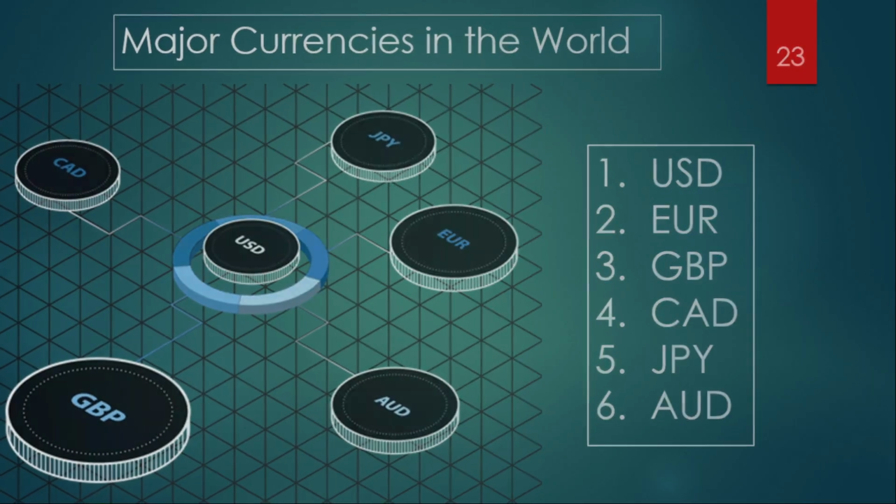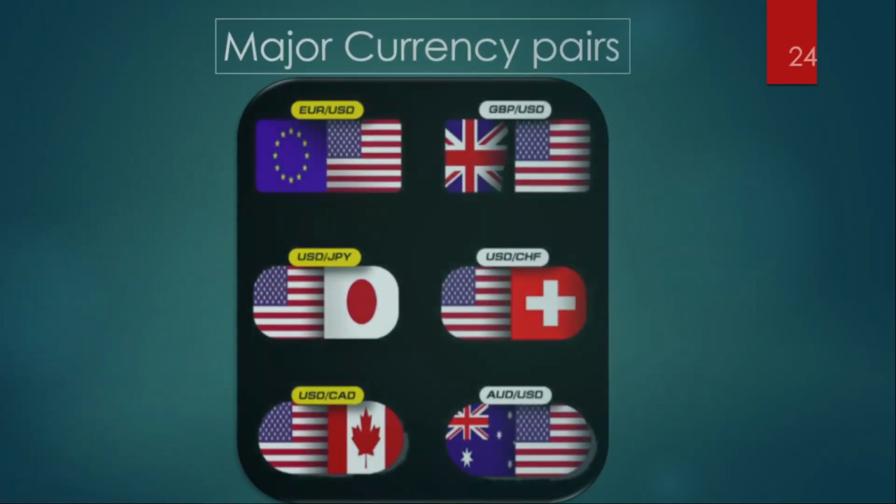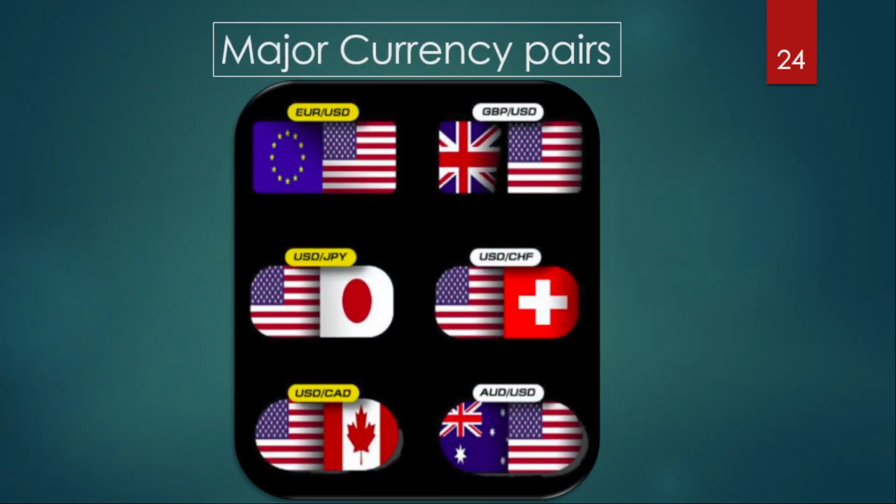And then there are major currency pairs. Major currency pairs are the major currencies when they are paired with the US dollar. We have Euro USD, you can see there's USD in there.